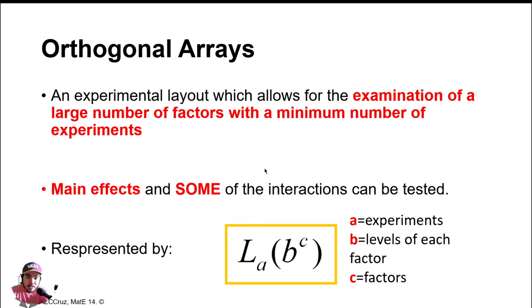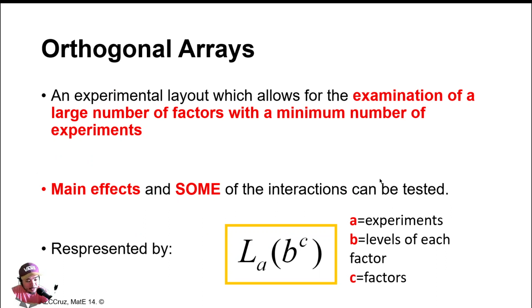So that's why Taguchi design is better for optimization because it can involve multiple levels per factor and multiple factors, but compared to ANOVA designs, it requires relatively fewer experimental runs. Okay? So its orthogonal arrays will involve the main effects as well as only some of the interactions which will be tested, no?